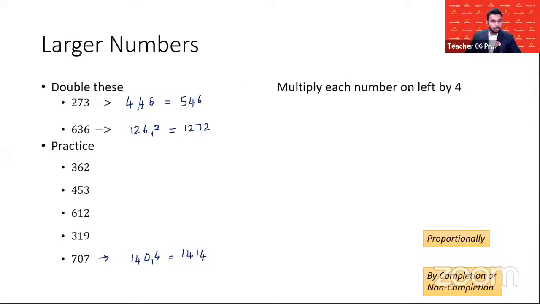So multiplying by 4 is equivalent to doubling twice. This is an interesting fact when it comes to larger numbers. If you want to multiply 273 by 4, you just have to double this number 546.